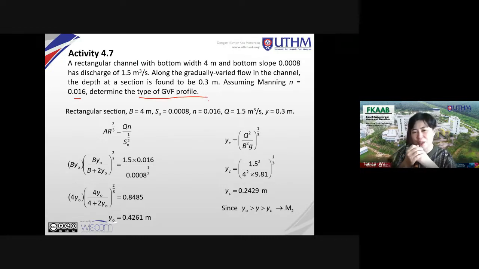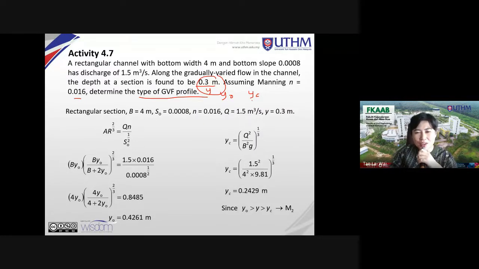Now, here's the thing. You want to determine the type of gradually varied flow profile like we have done earlier. We need to know Y naught and YC first. Then we compare this Y with Y naught and YC to get the zone.